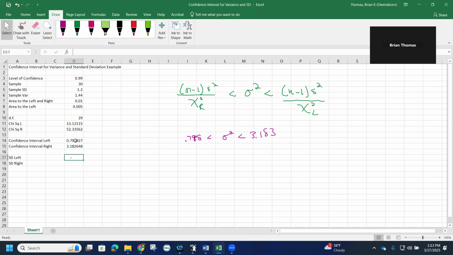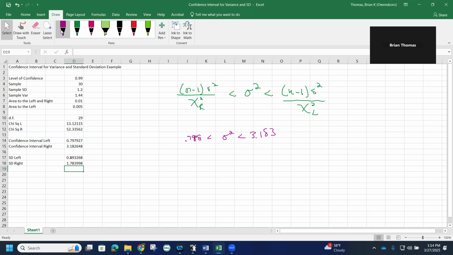Now, to do the standard deviation, remember we have to take the square root of these two values. So if I hit equals and type in square root, I could then choose cell D14, and that'll give me my standard deviation interval piece. And if I hit equals there and do square root again and choose the right one, close parenthesis, notice that gives me my confidence interval for standard deviation.